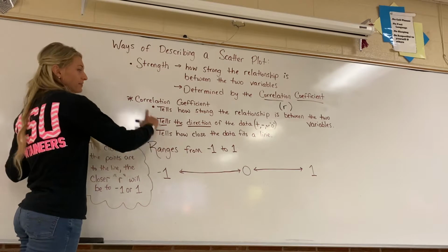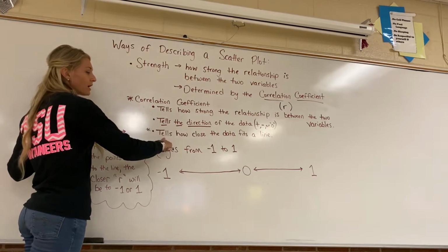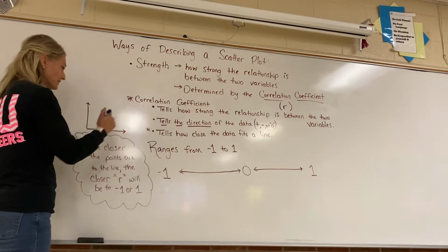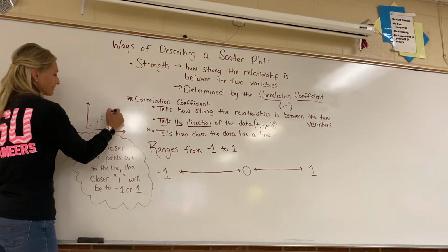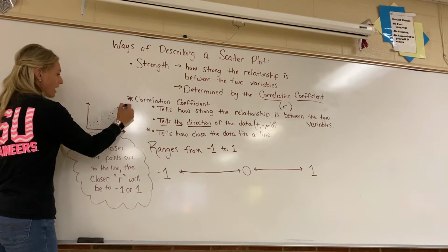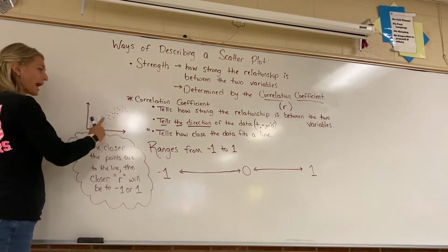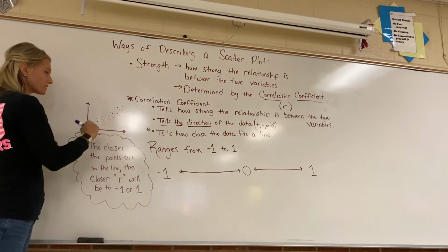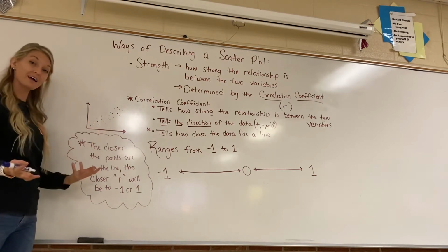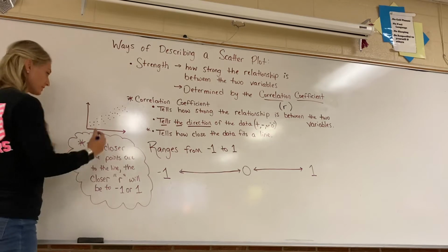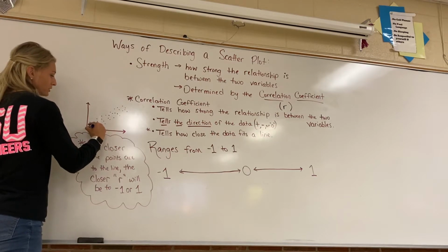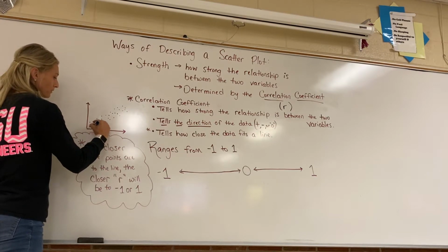But this right here will tell how close, when you graph the data, like if I had my scatter plot and it looked like this, it's going to tell how close overall, kind of on average, these points come to actually forming a line. And if I drew my line of best fit through this, it would go kind of through the middle of those points.